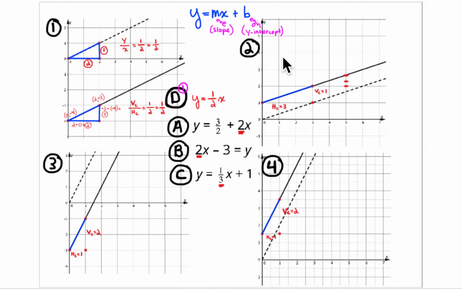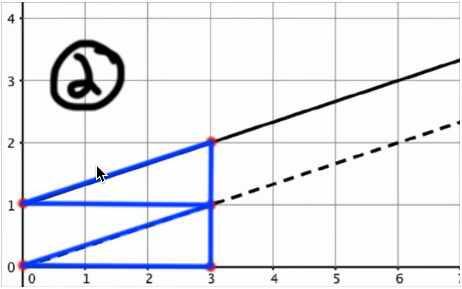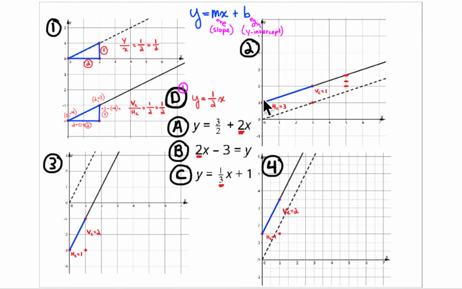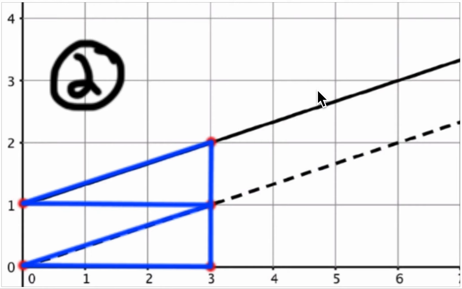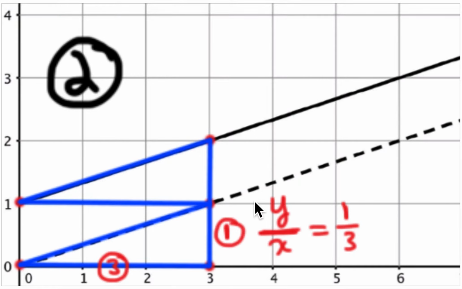Graph number 2. So this is graph number 2, this graph right here. If you go out 1 unit, it's useful to look at what the change is in the horizontal change.